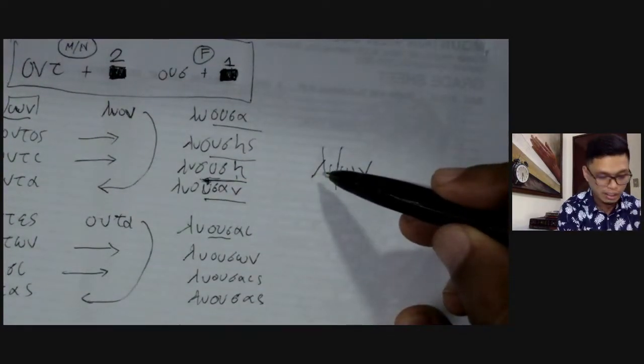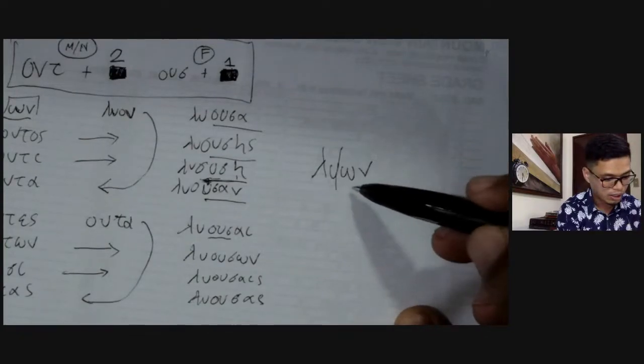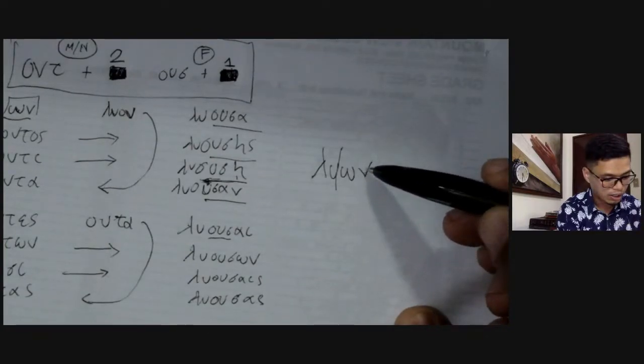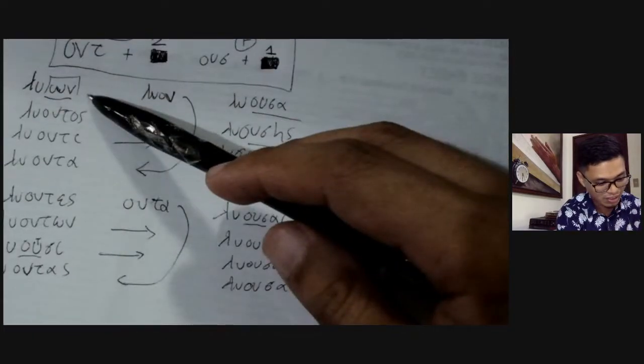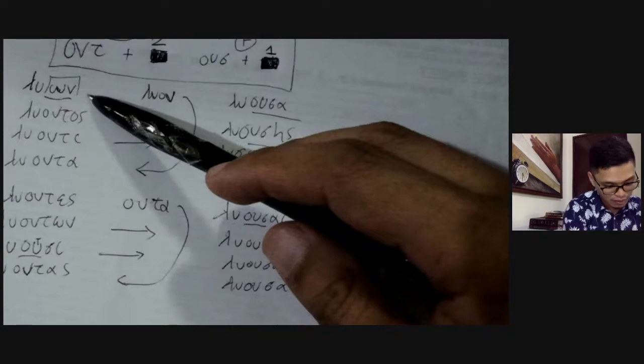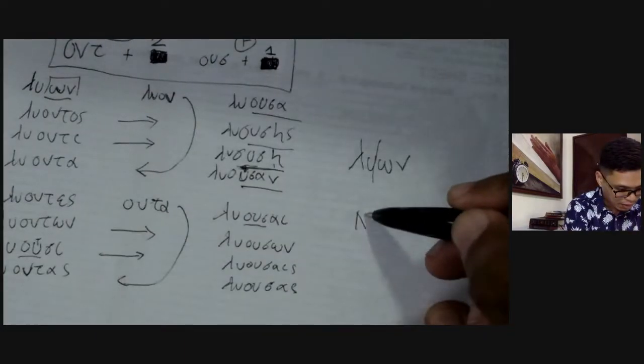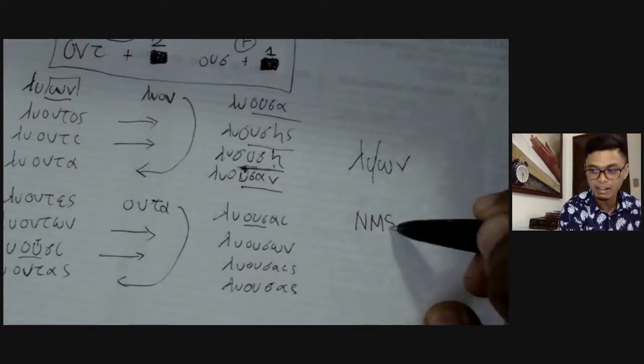Lu, that is your root, and then you have on. So immediately you look at the ending and you know that this is nominative masculine singular. And so you write nominative masculine singular. Very simple, right? Nominative masculine singular.